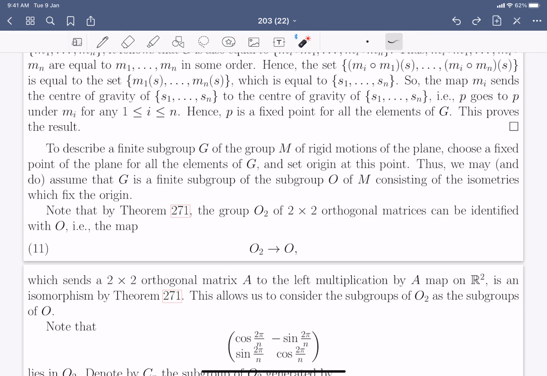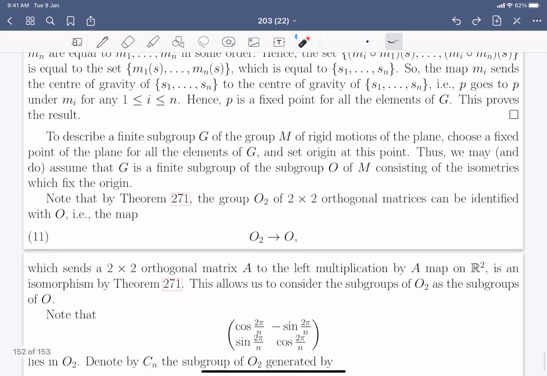Whatever finite subgroup we may start with, we will end up obtaining a fixed point, and we can place the origin at that point. And then we can realize G as a subgroup of this group O, which is defined as the subgroup of M that consists of the isometries which fix the origin.